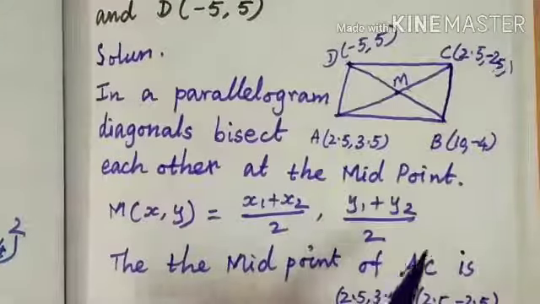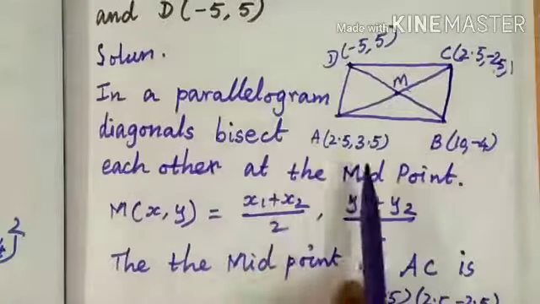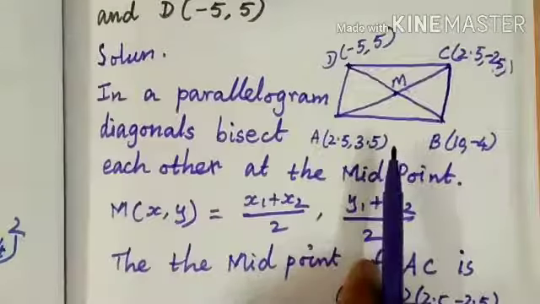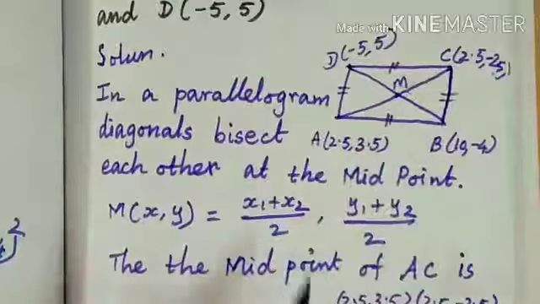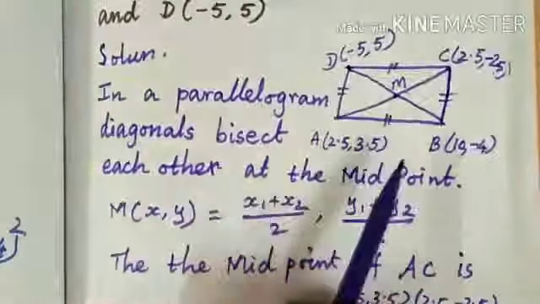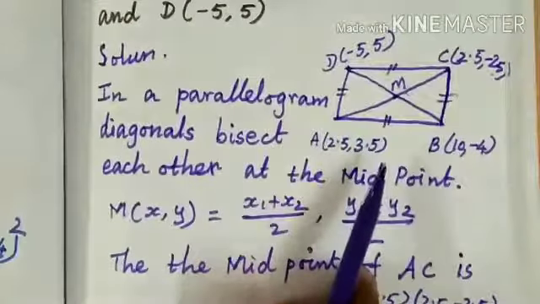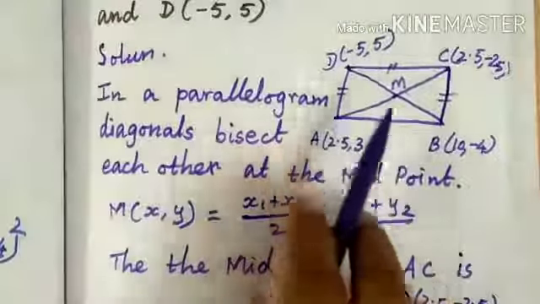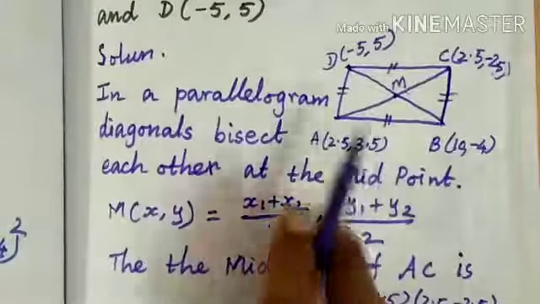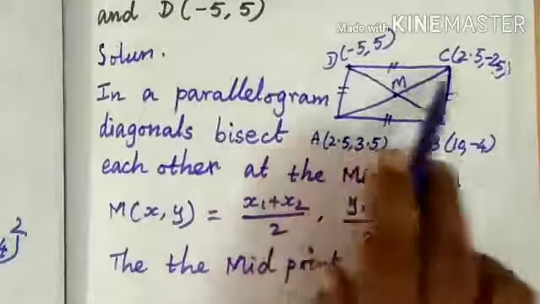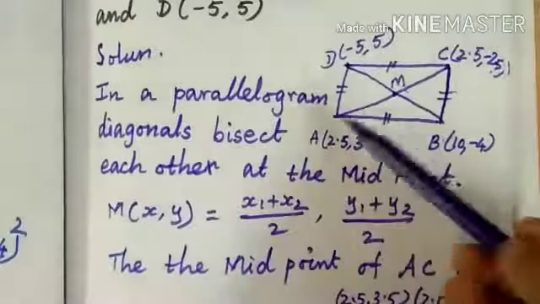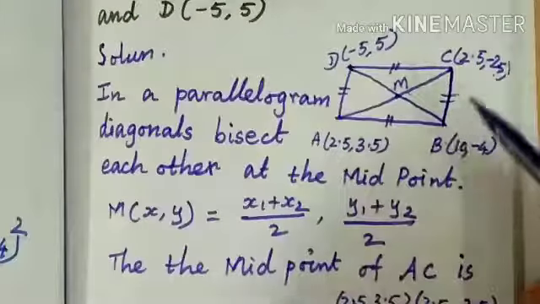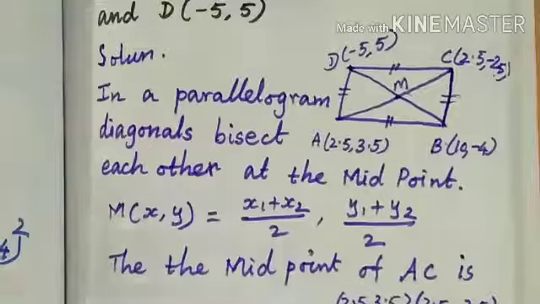In another way, we use the next property also, that is, in a parallelogram opposite sides are parallel. Therefore, their slopes are also equal. That is, slope of AB is equal to slope of CD and slope of AD is equal to slope of BC.